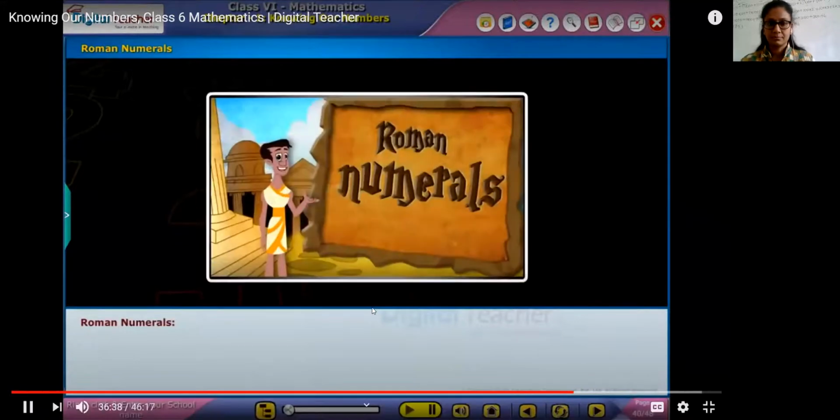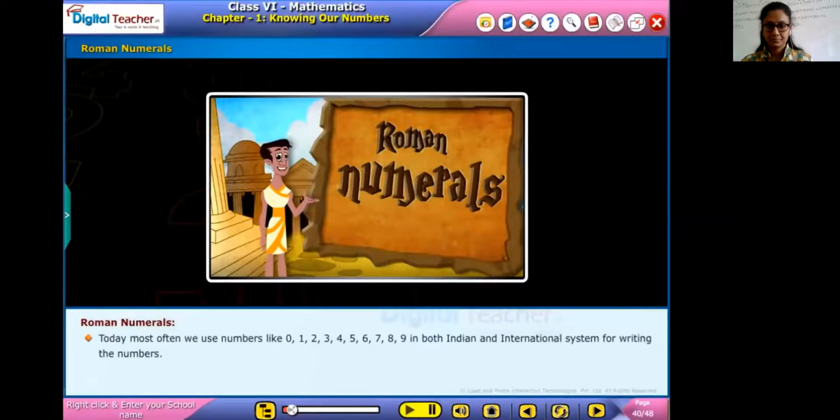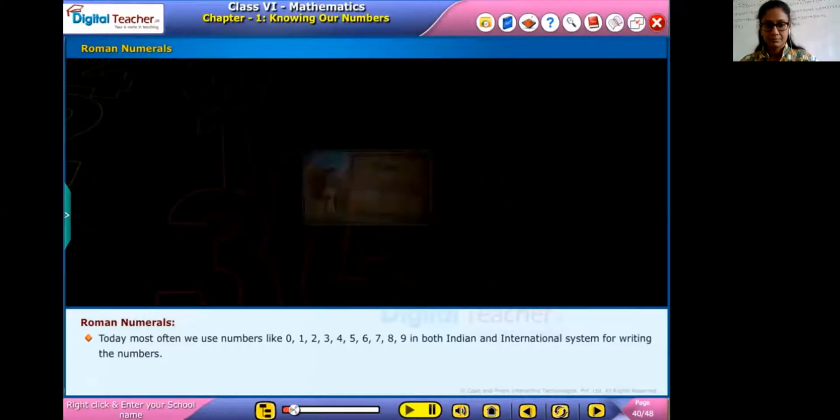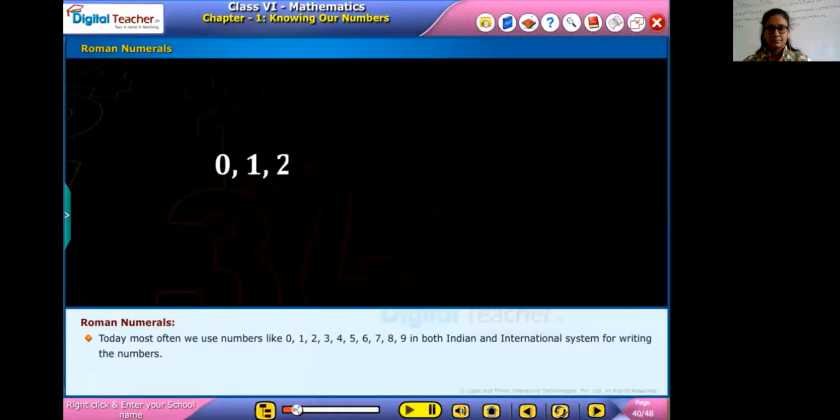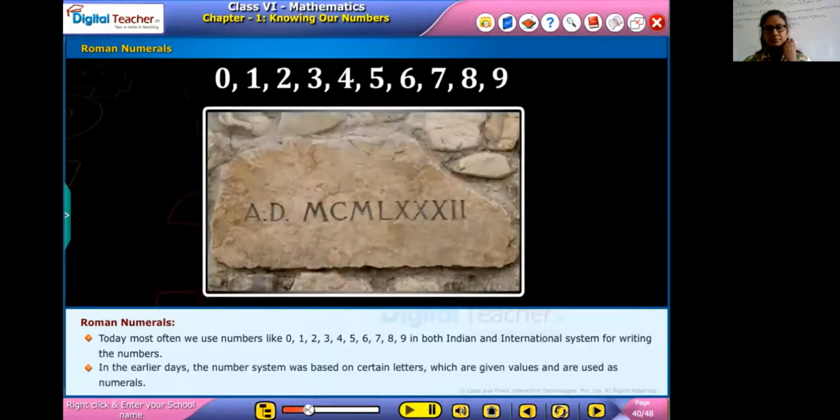Let us see how the numbers are represented in the Roman system. Today, most often we use numbers like 0, 1, 2, 3, 4, 5, 6, 7, 8, 9 in both Indian and international system for writing the numbers. In the earlier days, the number system was based on certain letters which are given values and are used as numerals.